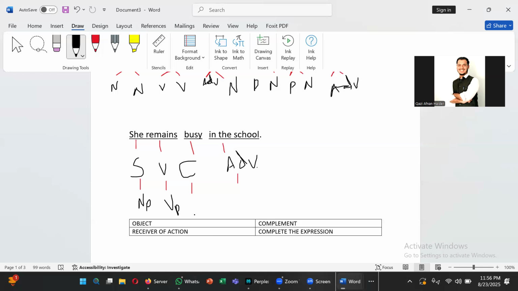Busy is adjective, so it is called adjective phrase. In the school, here it is adverbial, but it is called preposition phrase. You know why? Because here is the preposition in and its object, the school. So it functions as an adverbial, adverb of time, adverb of place. But here it is a phrase in the form of a preposition phrase.